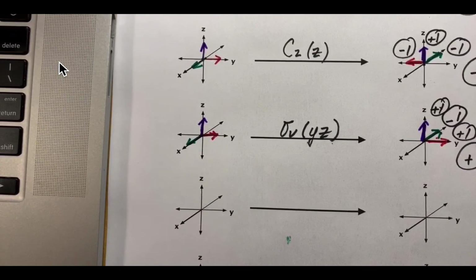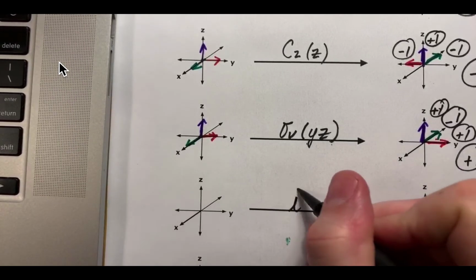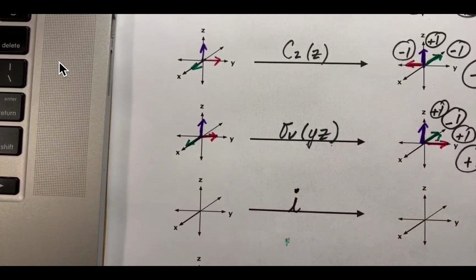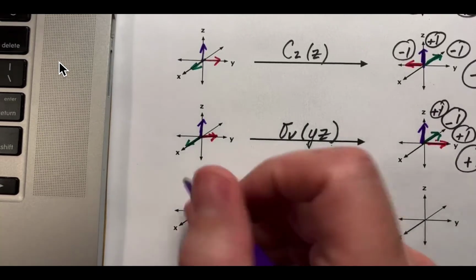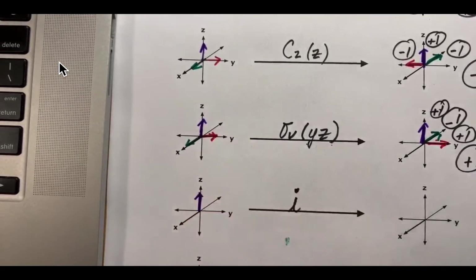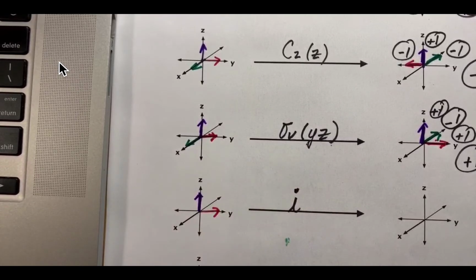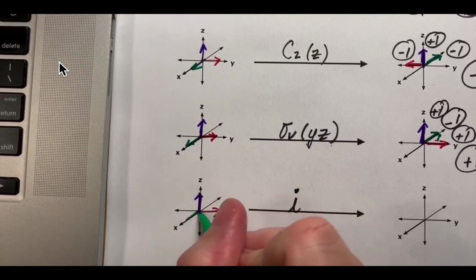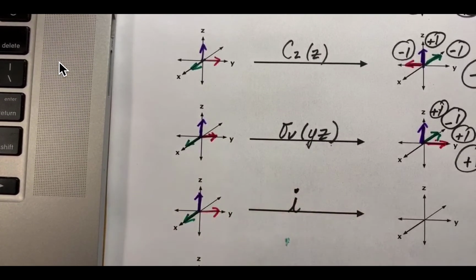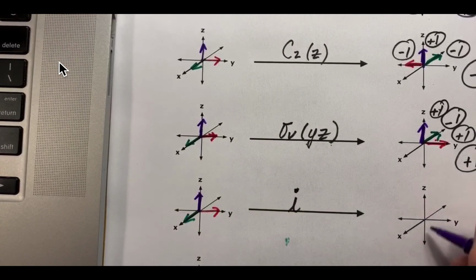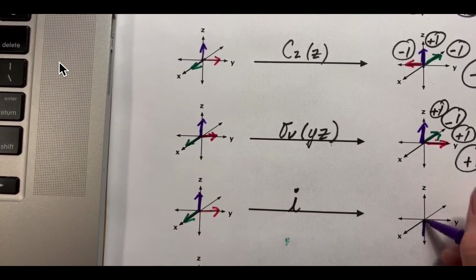The final common one that we will be talking about in this class is inversion. Do the inversion, everything goes to the opposite of what it was.